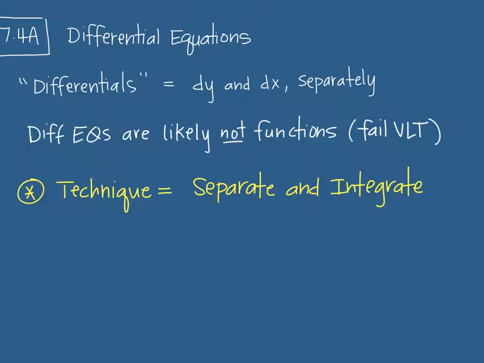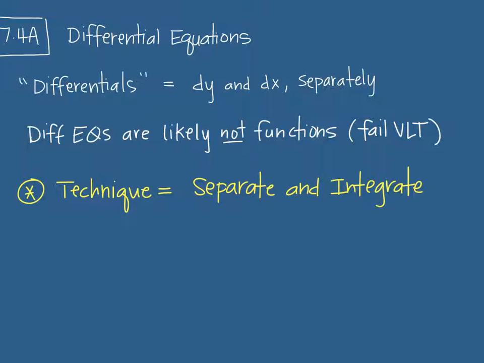Usually when I say that, that's enough to get you going. So hopefully, separate. I think I'm spelling separate wrong. I always mess up. No, it is A. Sometimes I change it to E, and then that looks wrong too. Okay, separate and integrate.